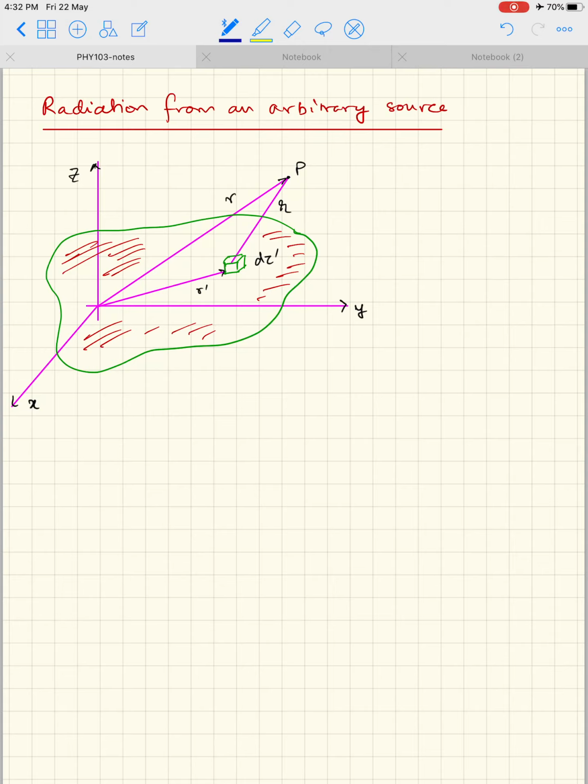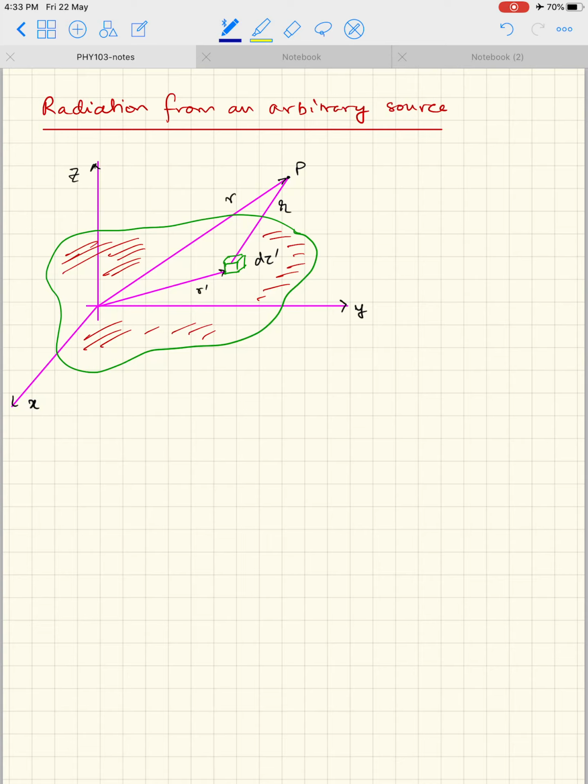We have right now looked at the radiation produced from an oscillating electric dipole and an oscillating magnetic dipole. Now we want to apply the same sort of things to a configuration of charge and current that is arbitrary, except for the fact that it's localized within a certain finite volume near the origin, as we have in the figure here.